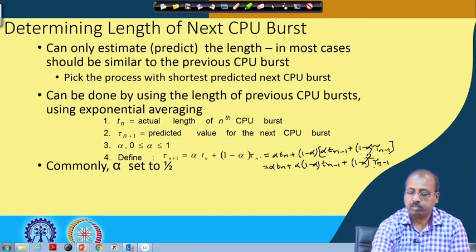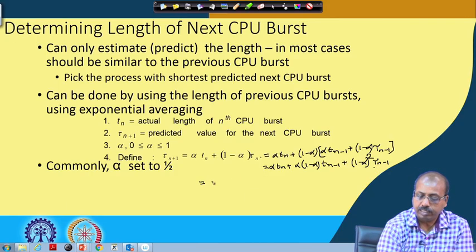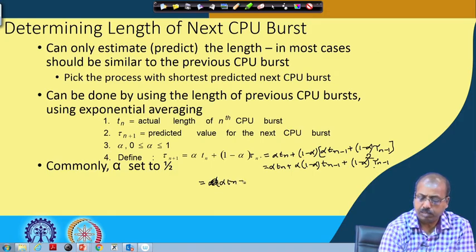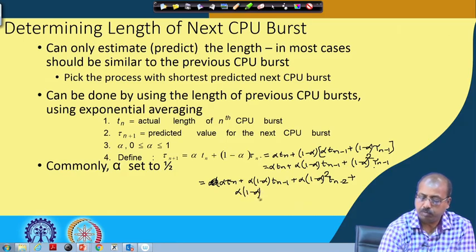Again this tau n minus 1 can be expanded. So, essentially I get an expression like this: alpha times T n plus alpha into 1 minus alpha times T n minus 1 plus alpha into 1 minus alpha square into T n minus 2 plus alpha into 1 minus alpha cube into T n minus 3. That way it goes on going up to T 1.